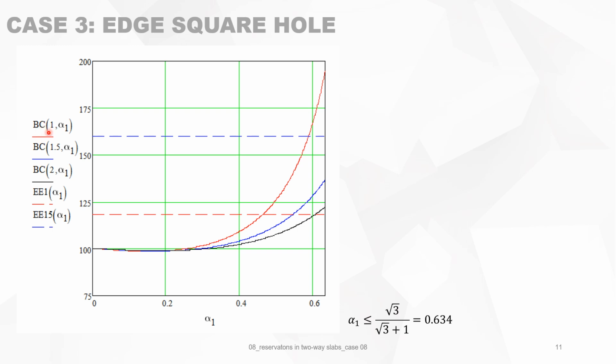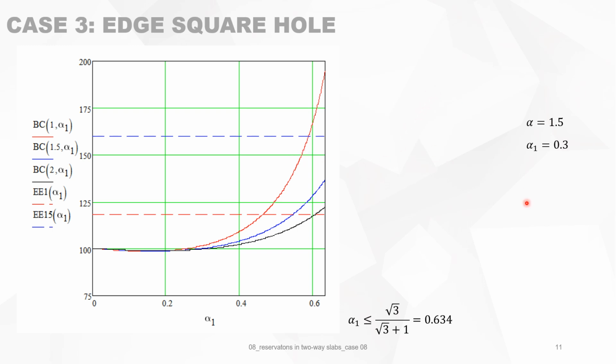In red is a square slab, because A equals B. The blue one is a rectangular slab where B is 1.5 A, and the black curve is a rectangular slab where the dimension B is 2 times A. So these are the three extreme values that you can have. All the others are in between.